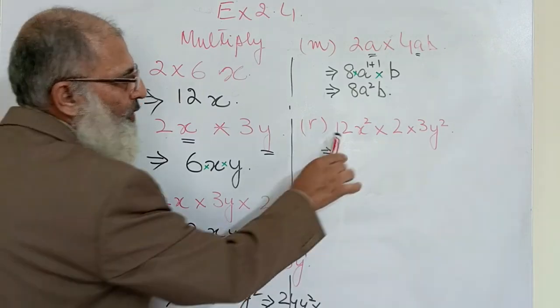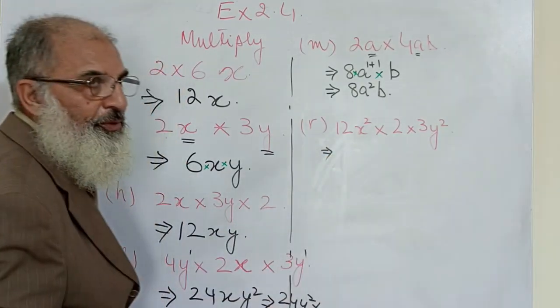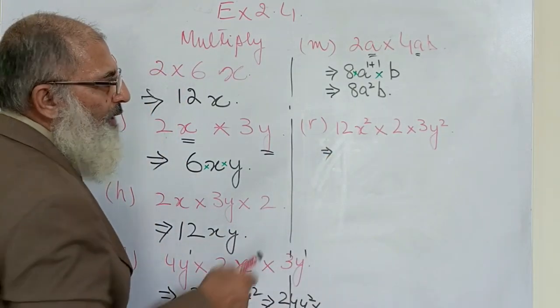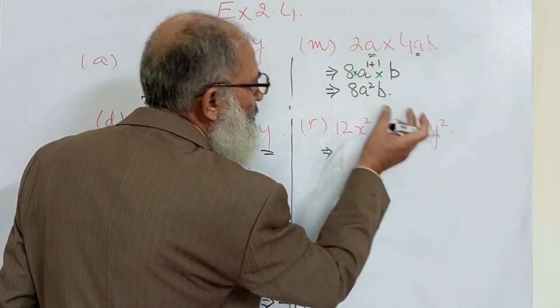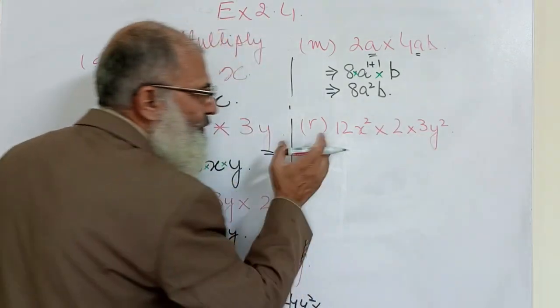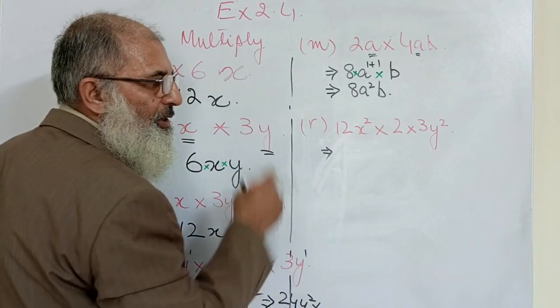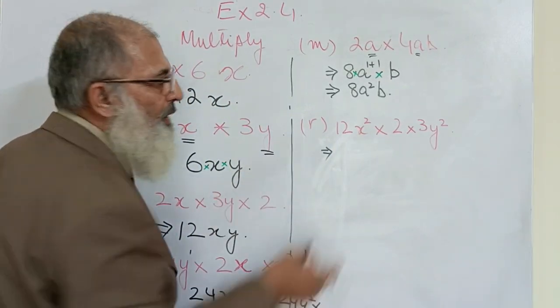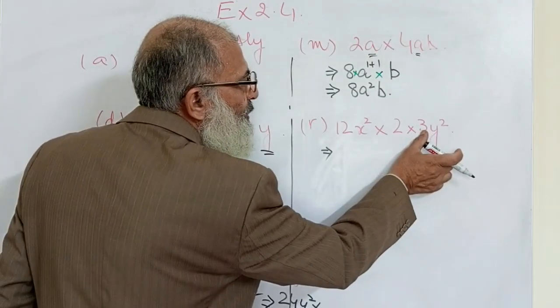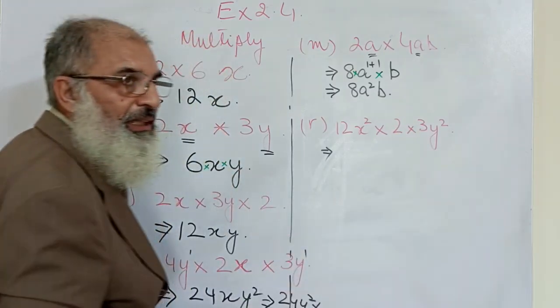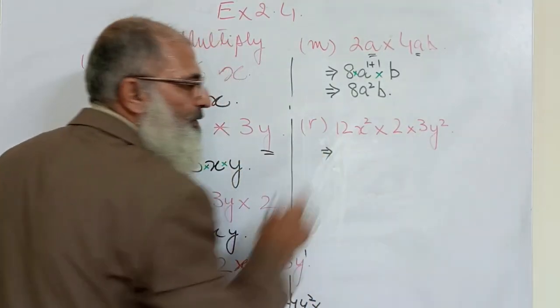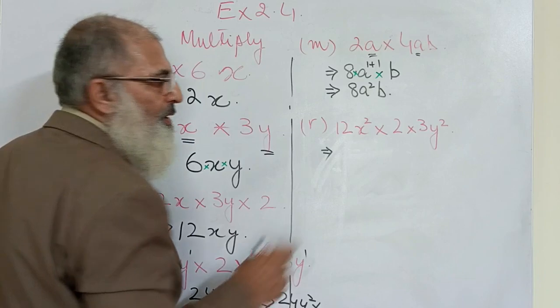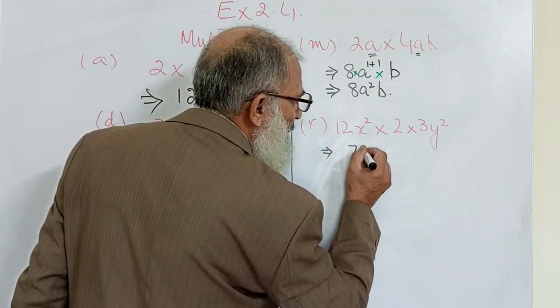12 times 2 is 24. And if you find it difficult, 24 times 3, what will happen? 3 times 2 is 6, 6 times 12 is 72.